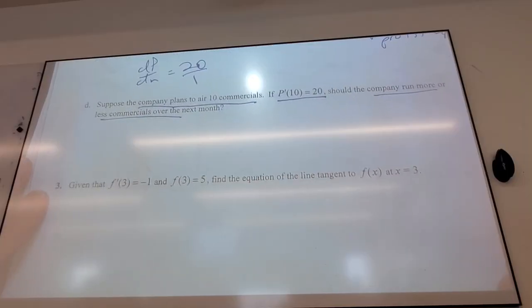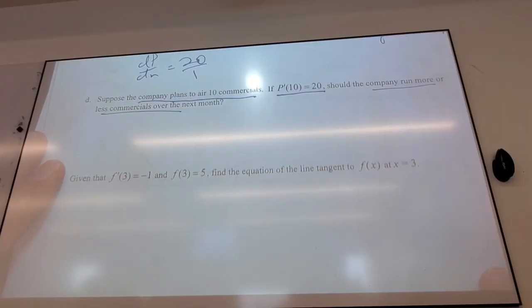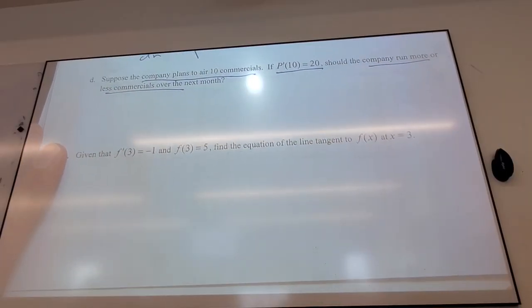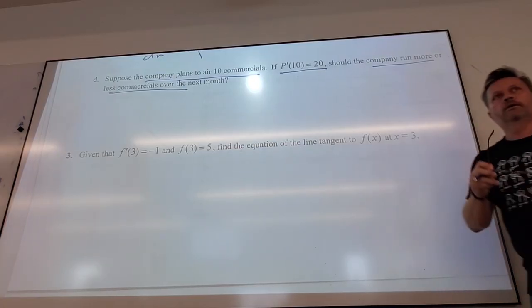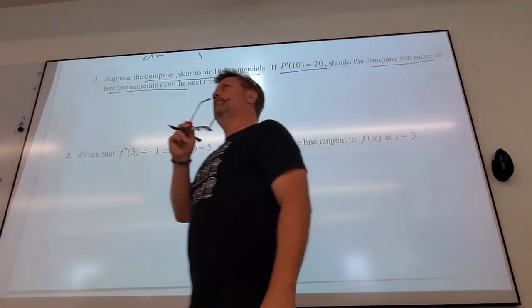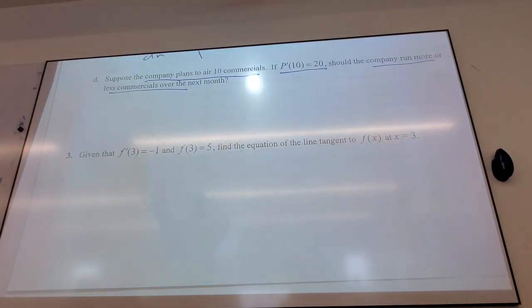Number 3, we pretty much did already, but let me see if you guys can tease out what information I'm giving you here. I want the equation of the line. If I ever ask you for the equation of the line, what do you definitely need to know? The equation of the line always needs the slope. Did I tell you the slope?